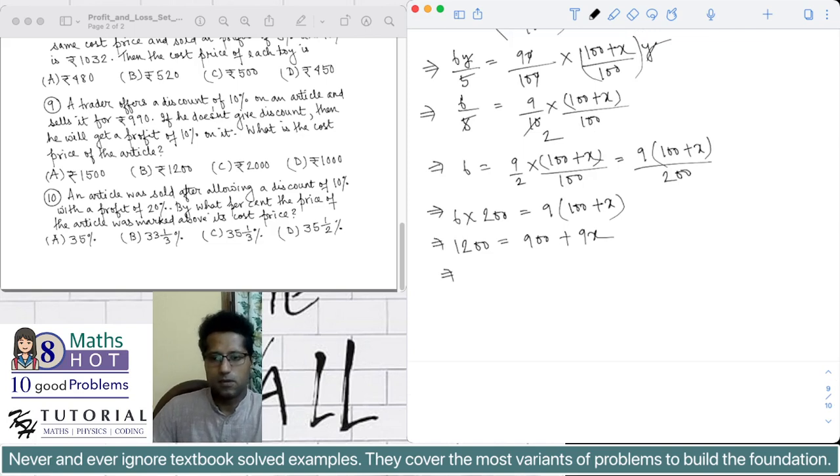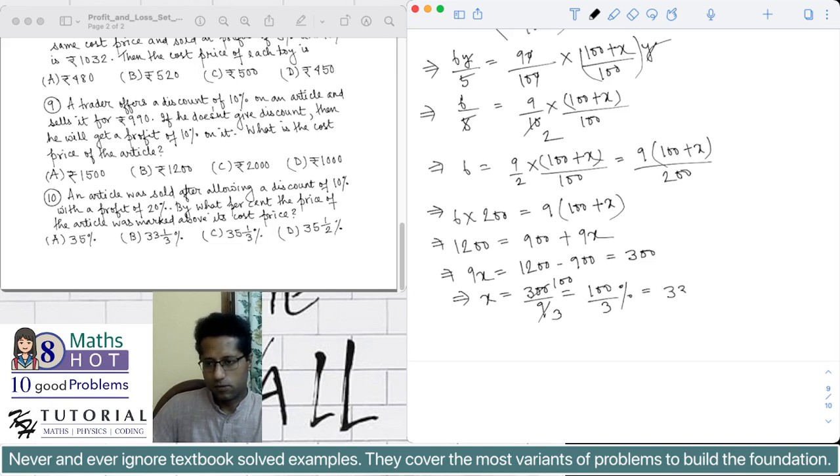This implies 9x is equal to 1200 minus 900, which is equal to 300. This implies x is equal to 300 divided by 9, which is equal to 100 by 3 percent, which is 33 and 1/3 percent. X is 33 and 1/3 percent, and hence the correct choice is B.